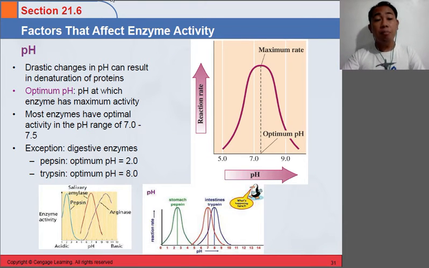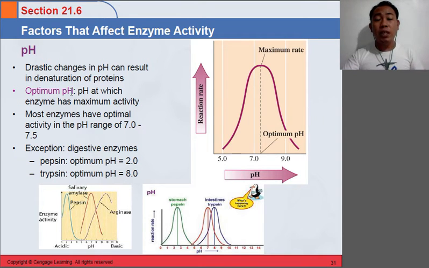Next, we have the pH. Drastic changes in pH can result in denaturation of proteins. Again, we focus our attention that enzymes are proteins. That's why drastic changes in pH can result in denaturation of proteins. And there is an optimum pH at which the enzyme activity increases.